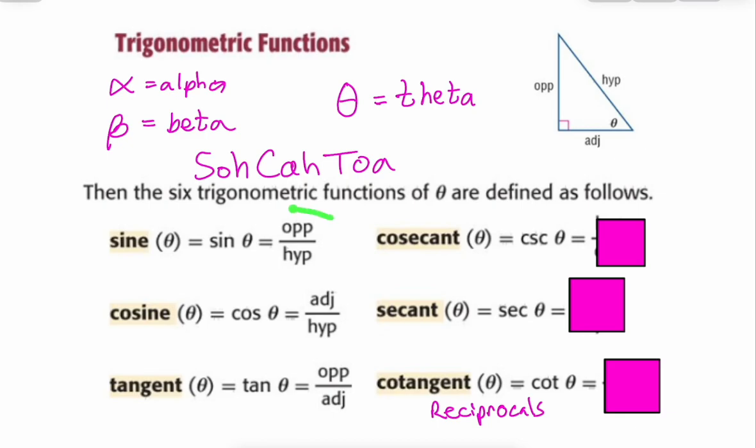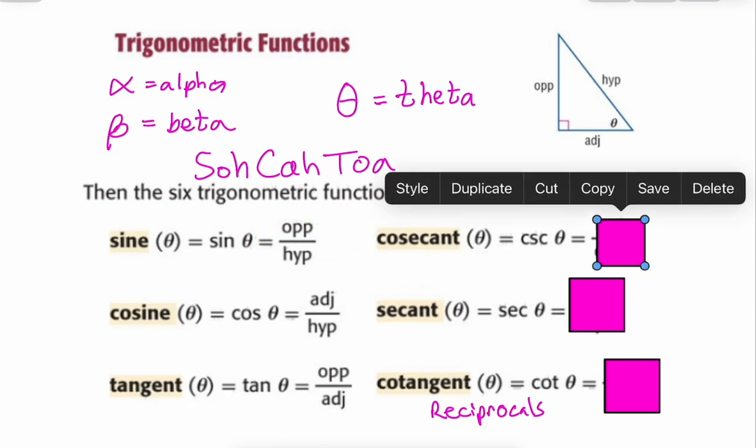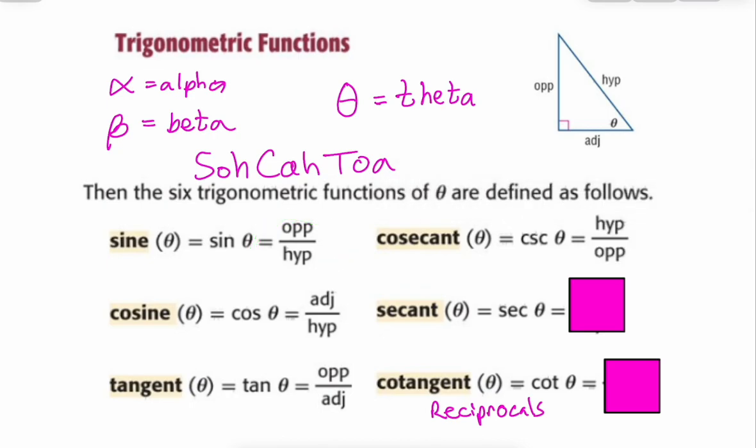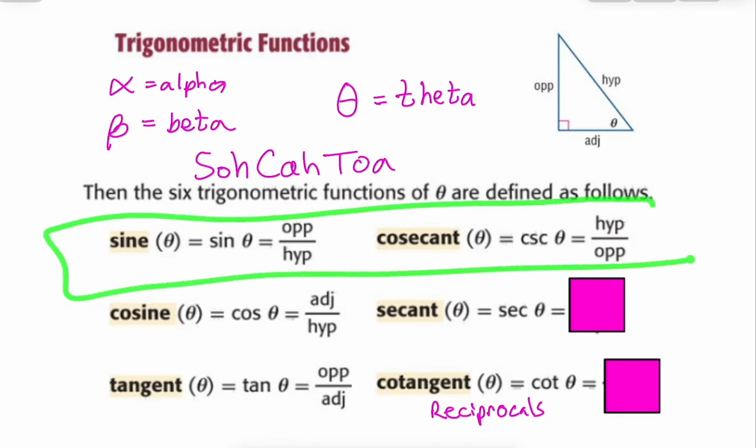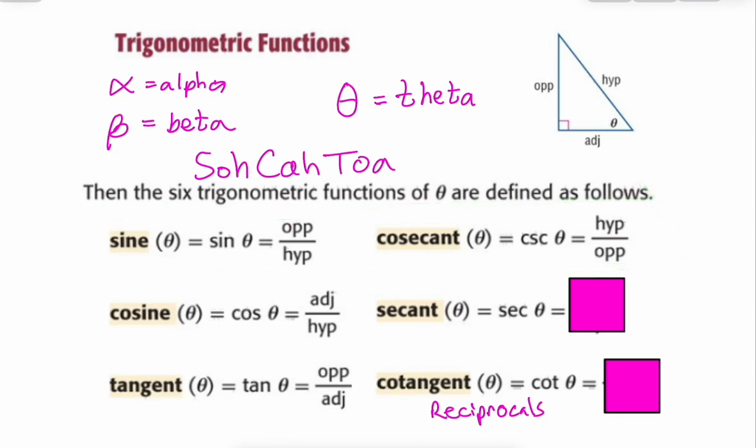The cosecant and the sine are reciprocals of one another. Since the sine is opposite over hypotenuse, the cosecant then is hypotenuse over opposite. So the CSC abbreviation is what you'll use for cosecant. You need to memorize that the sine and the cosecant are reciprocals of one another.